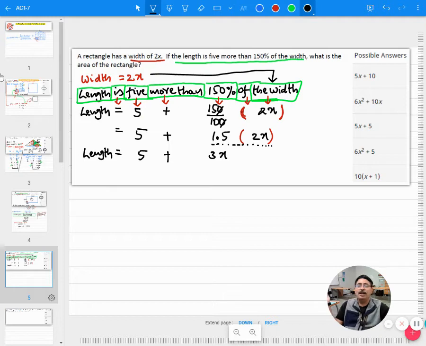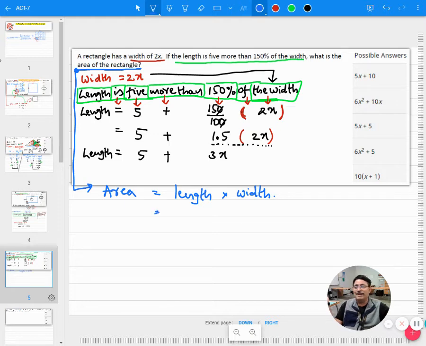Okay. And now the question is, what is the area of the rectangle? Well, you know that the area of a rectangle equals length times width. So what is the length? Just now we derived this as 5 plus 3x, right? And what is the width?